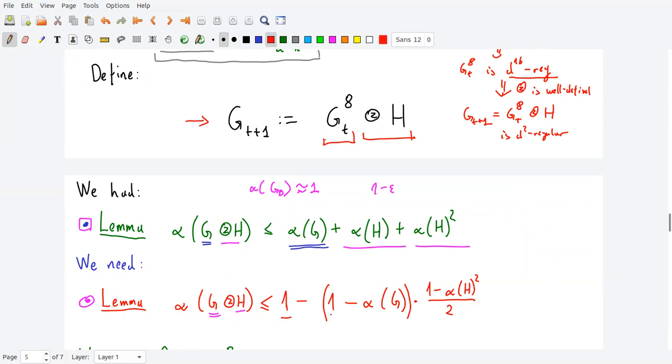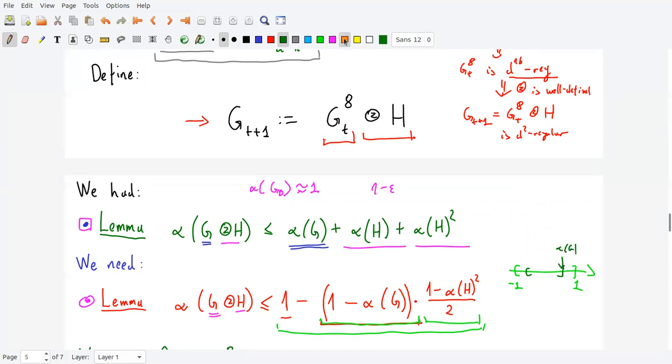This is 1 minus, and now I look at how much alpha of G is bounded away from 1, and this bound is scaled by some factor depending on the spectral properties of H. So in a sense, say here are -1 and 1, and for G I have alpha of G here.